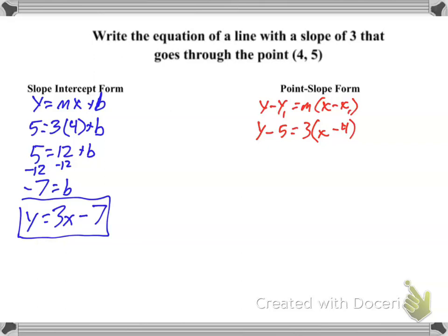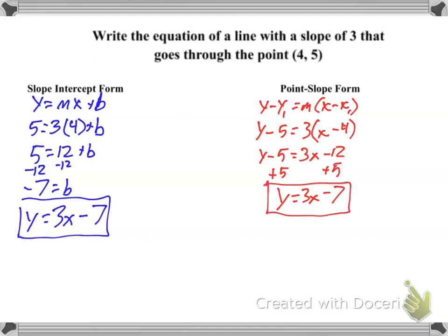And now all I've got to do is simplify. I just want to get y by itself is all I'm doing here. So I'm going to do two things. First, I'm going to distribute the 3 into the parentheses. So y minus 5 equals 3x minus 12. And then I add 5 to both sides, so plus 5, because I want to get my y by itself, and y equals 3x minus 7.